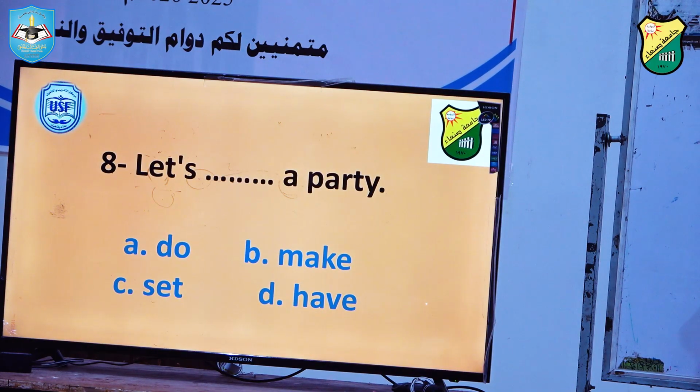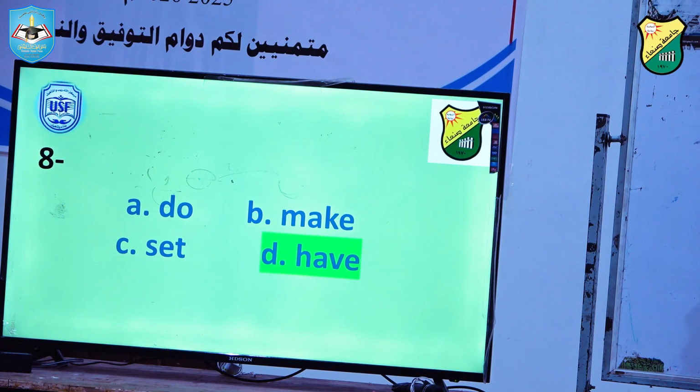Okay, now let's dash a party. Do, make, set or have. Let's have. With the party we always use have.